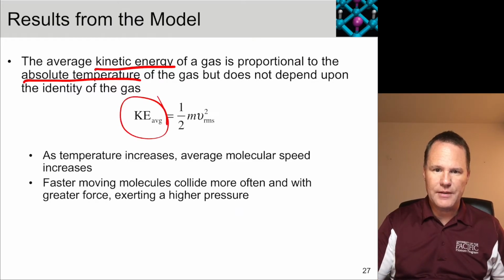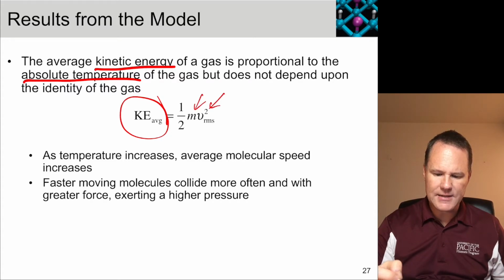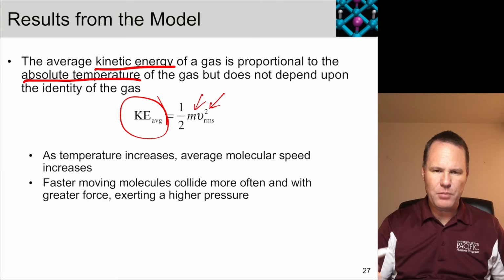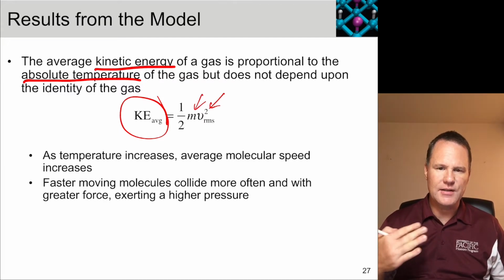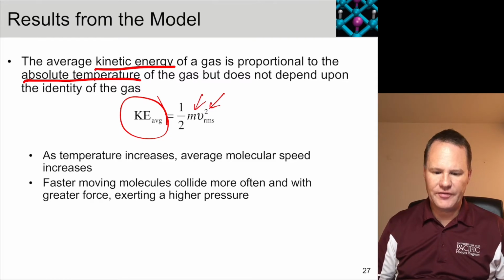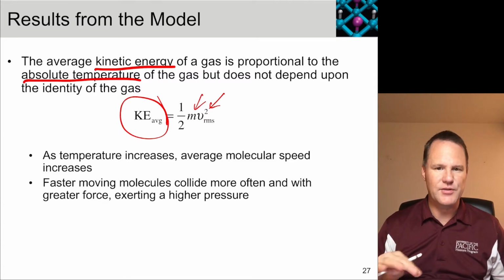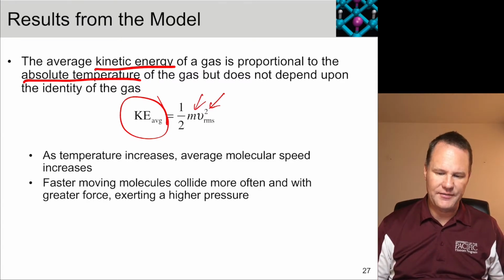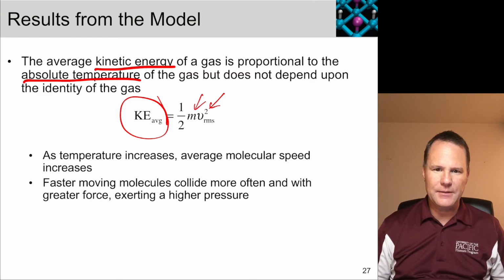And let's just review, if you forgot your physics, that the kinetic energy is the velocity squared times the mass. And then since every particle travels with a different velocity, there's a certain distribution of velocities, and that we're averaging.